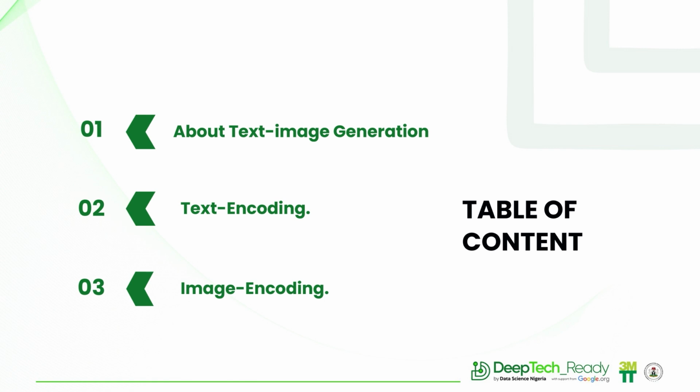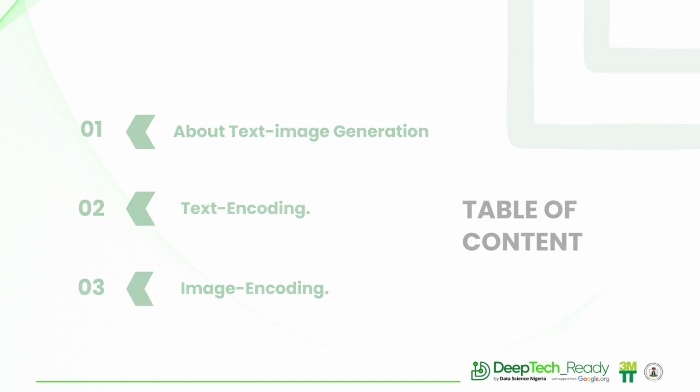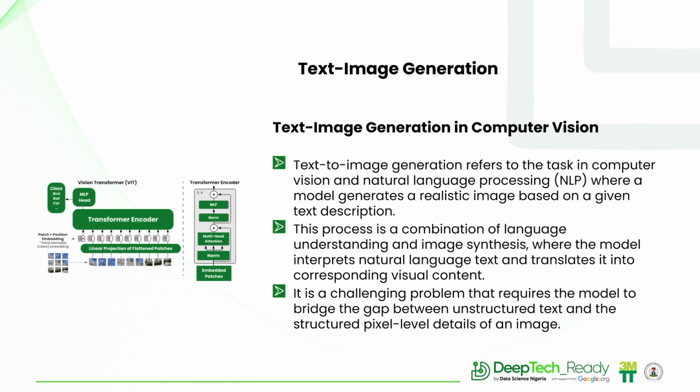All right, so in this video, we're going to be looking at how we can effectively execute text encoding. We're also going to look at how we can effectively execute image encoding. The reason why we call it text to image generation is that we have to do text encoding.